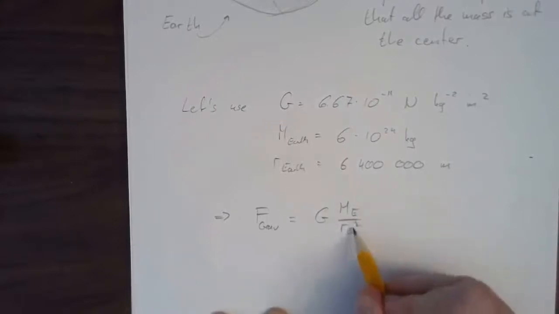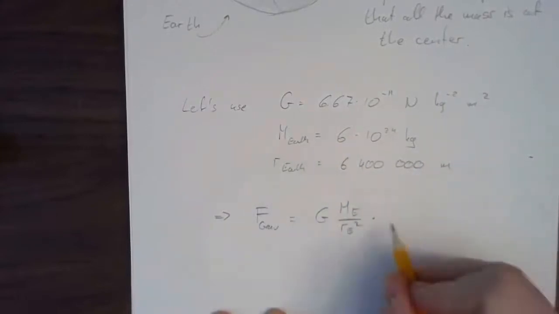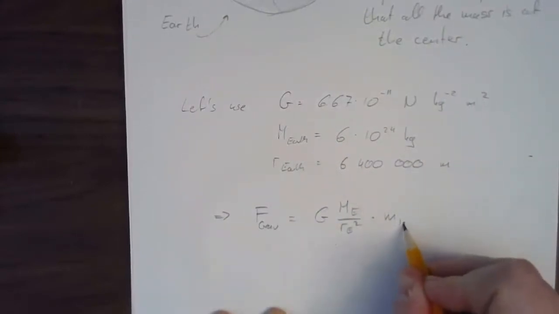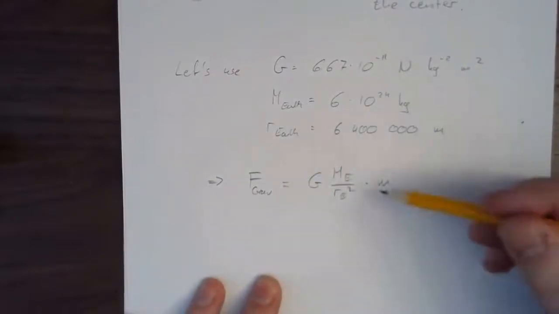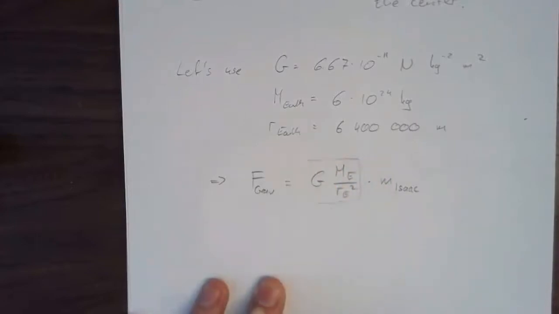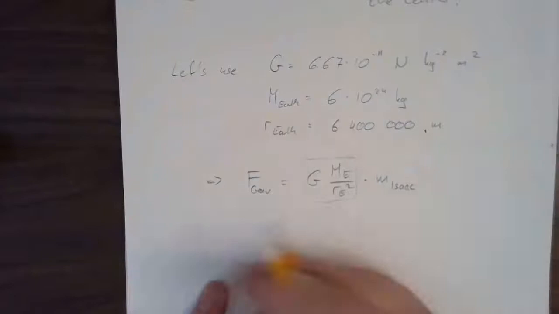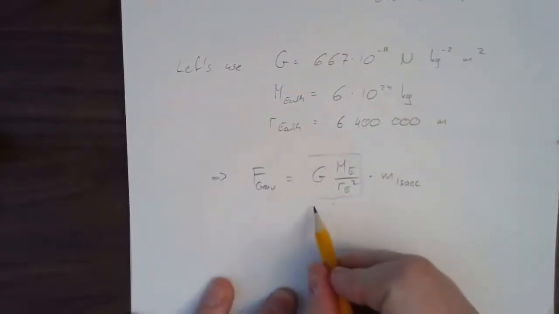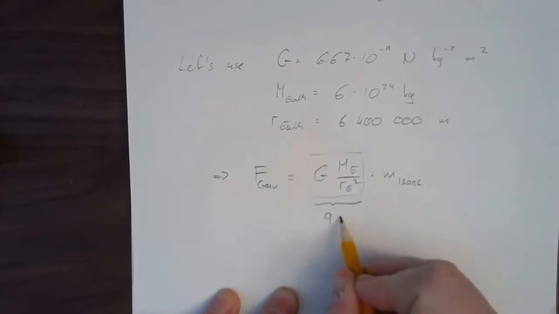I'm just going to abbreviate to M_E over R_E. I know I'm changing my notation a bit, it should be obvious what I'm doing. Times the mass of Sir Newton, right? Same thing here. I just took the M over here because that's the one thing we are not going to plug in a value for. You work out what those values come to. And I ask you to do this, plug in the values. And you're going to find that these come to be around 9.8.